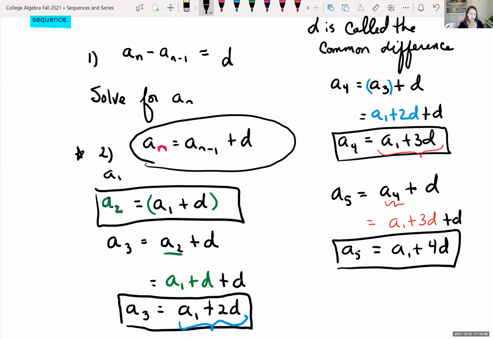So we have a sub 1. Notice a sub 2 is a sub 1 plus d. A sub 3 is a sub 1 plus 2d. A sub 4 is a sub 1 plus 3d. A sub 5 is a sub 1 plus 4d, etc.